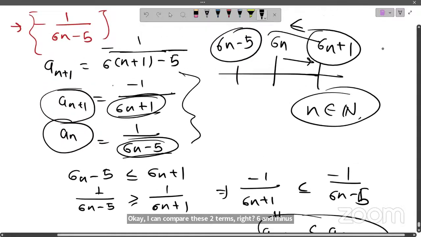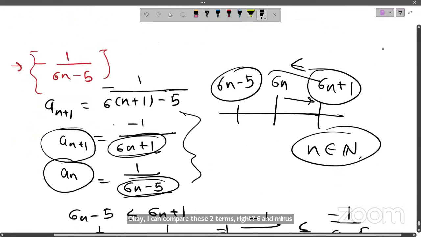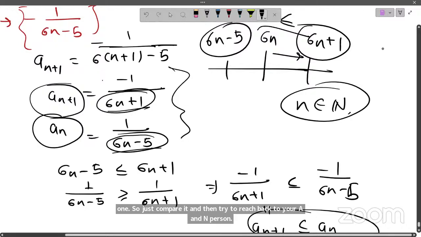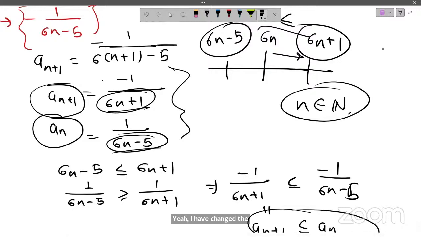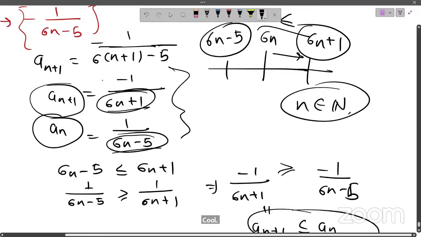That's the process. But ma'am, here, when you change the inequality, you should not change the position of these two, right? Yeah, I have changed the position. Yeah, correct. Now it's correct? Yes, ma'am.